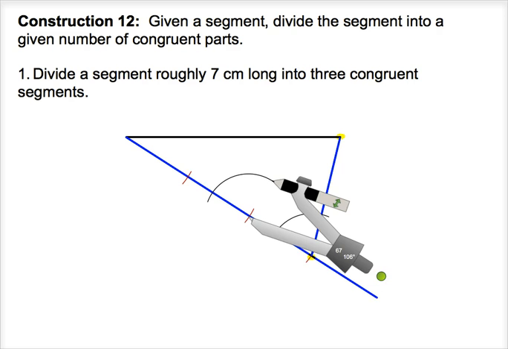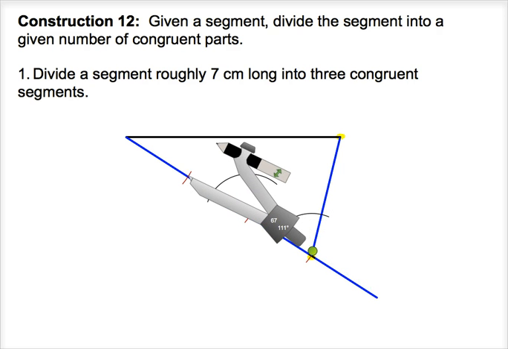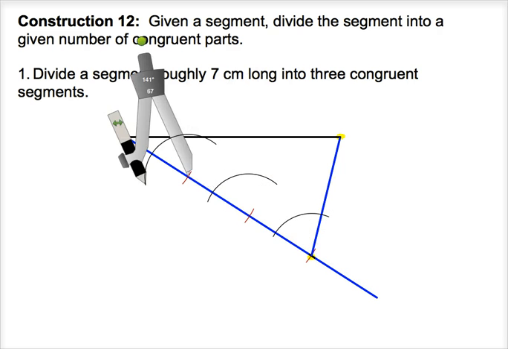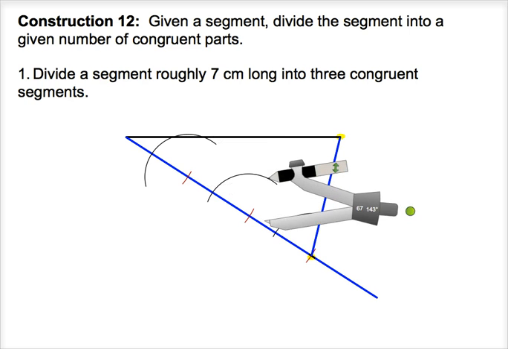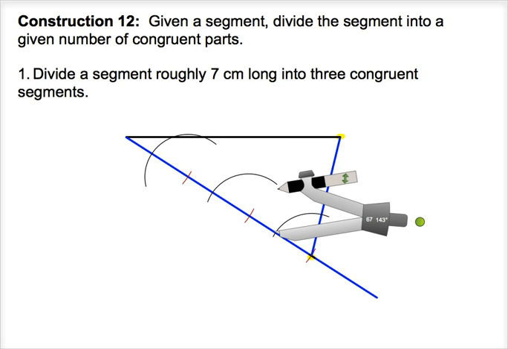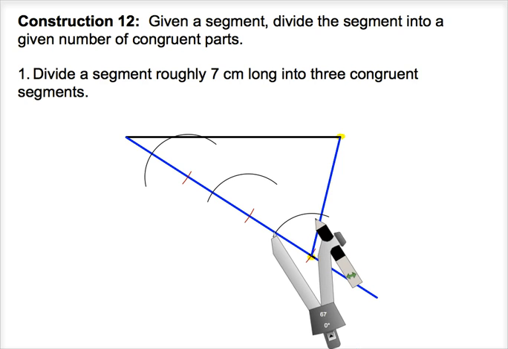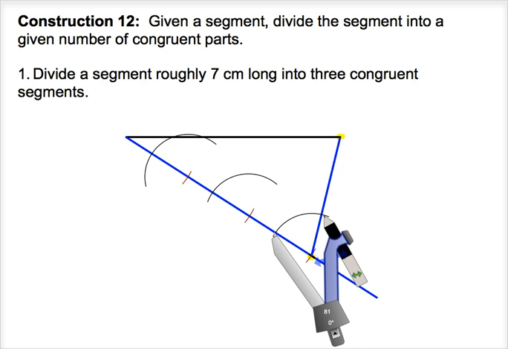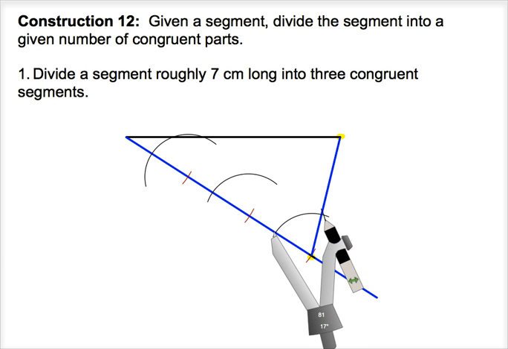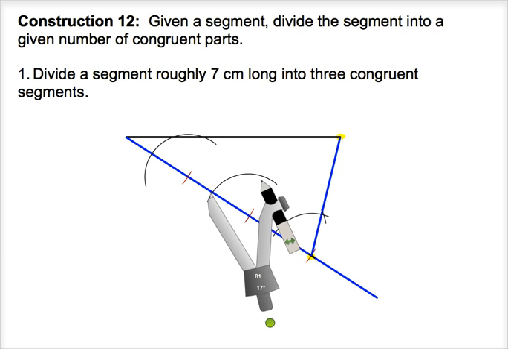So I want to copy the angle here, and I also want to copy the angle up here. Now, I know the next step in copying an angle is to measure how big the opening of that arc was. So as close as I can get it. Looks like it'll be about like this.